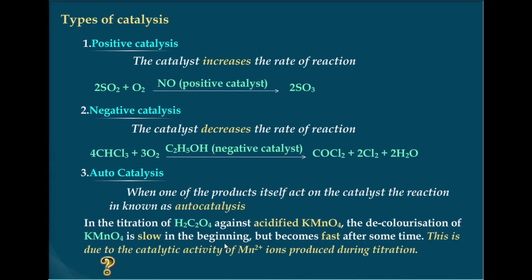So in the beginning, we can find the decolorization of KMnO4 is very slow, but it becomes faster after some time. Why? Because during the titration, Mn2+ ions are formed, and these Mn2+ ions act as a catalyst. Hence Mn2+ ion is an example of an autocatalyst, and this is an example of autocatalysis.